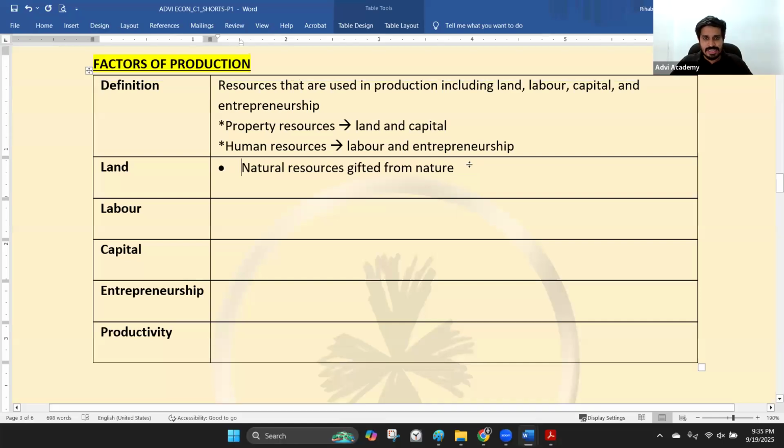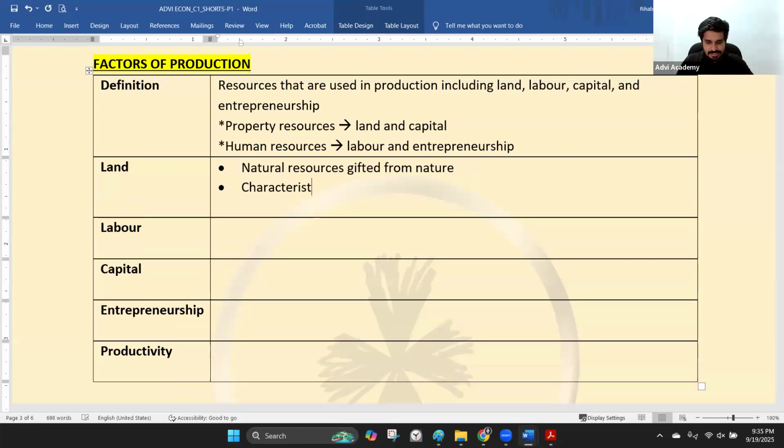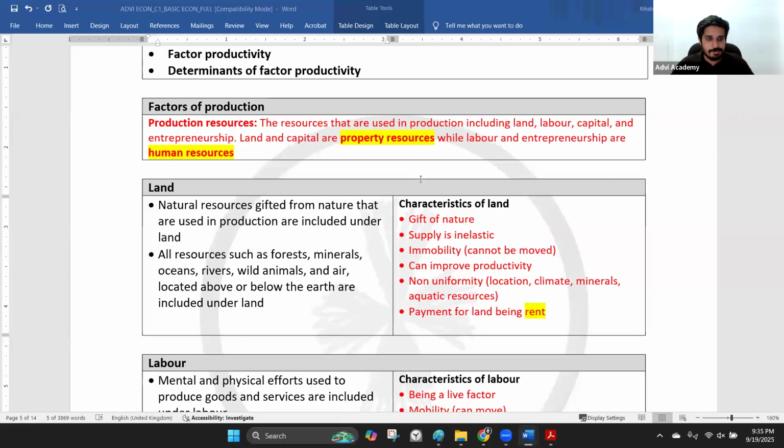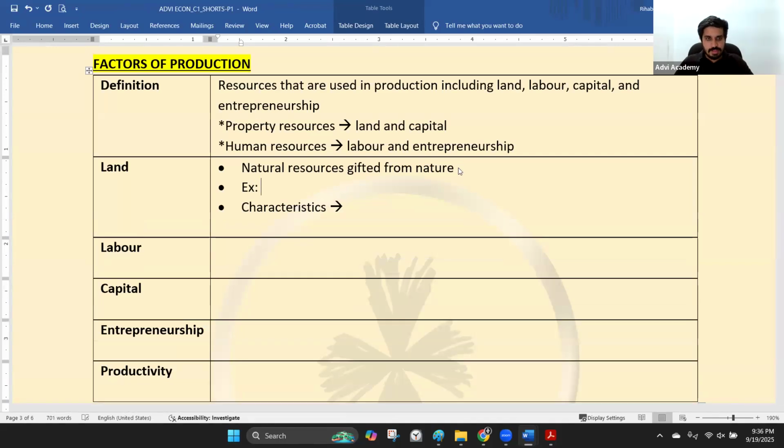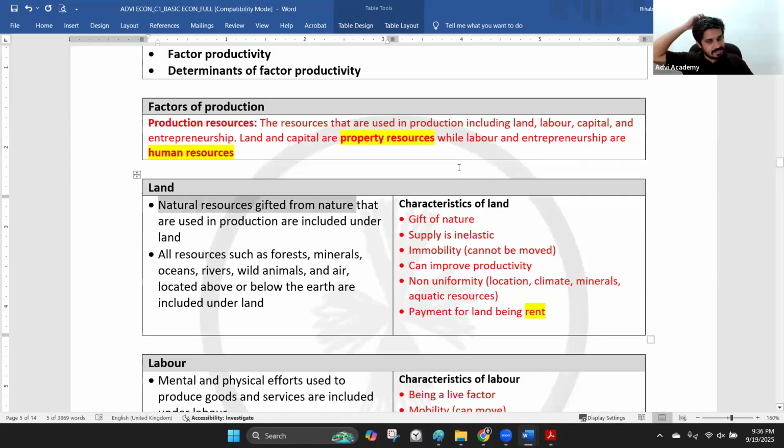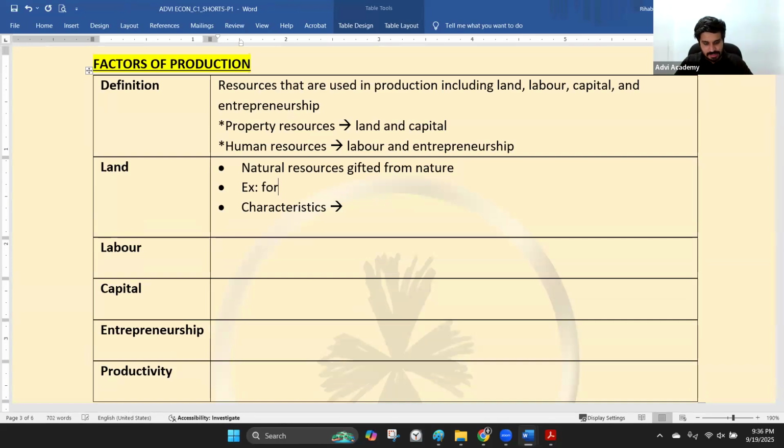First is the definition. Second is some of the most important characteristics. And then we can add examples also, like forestry, fishery, minerals, whatever.